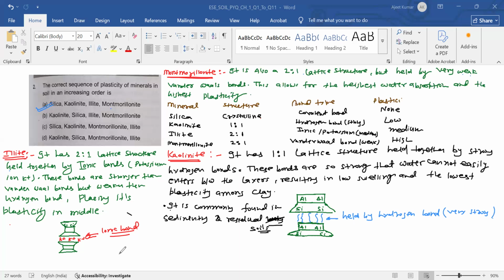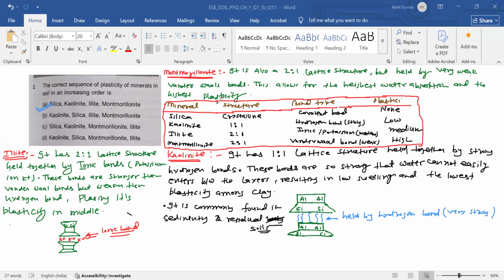So this is all about this question, and this chart is very important. Just looking at this chart, you can answer question number 2. The answer will be A.